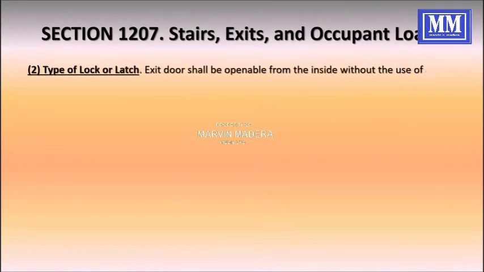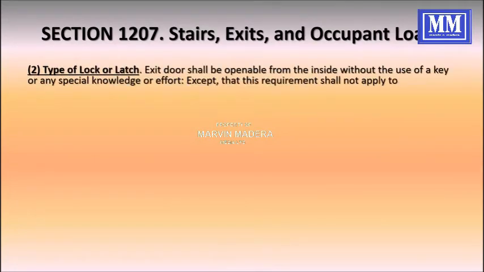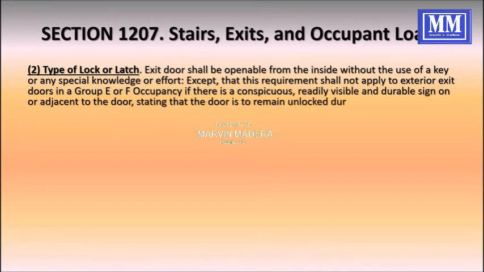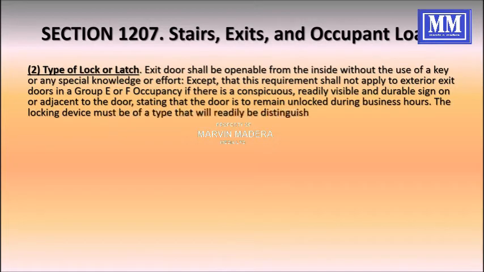Types of locks or latches. Exit doors shall be openable from the inside without the use of a key or any special knowledge or effort, except that this requirement shall not apply to the exterior exit door for Group E and F occupancy if there is a conspicuous, readily visible, and durable sign adjacent to the door stating that the door is to remain unlocked during business hours.